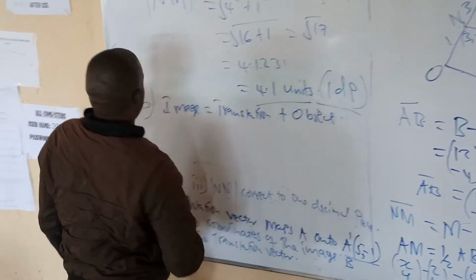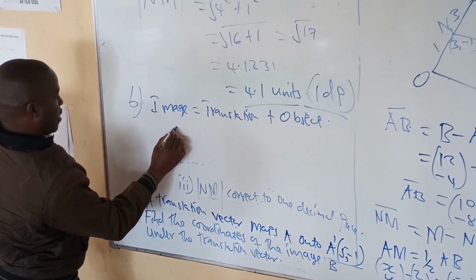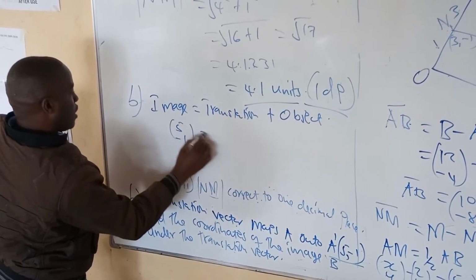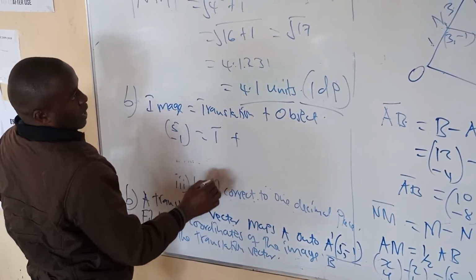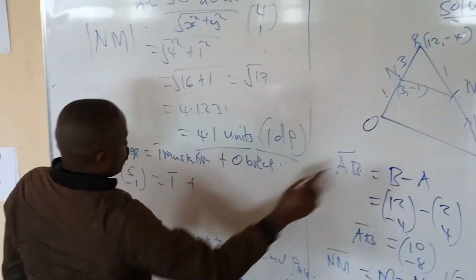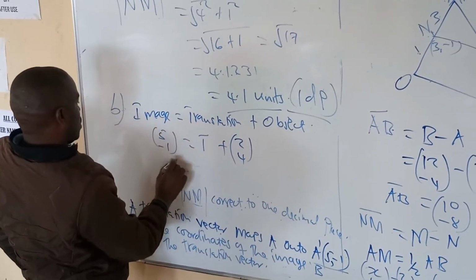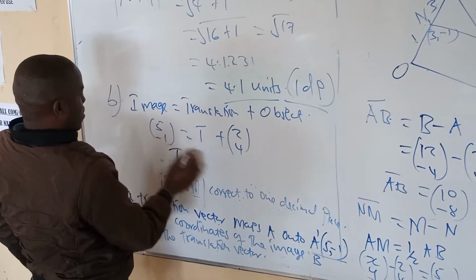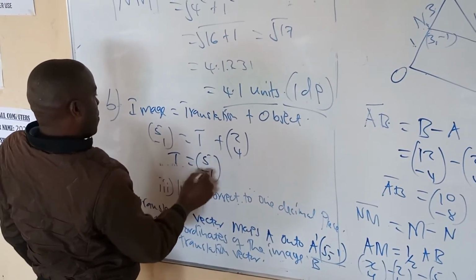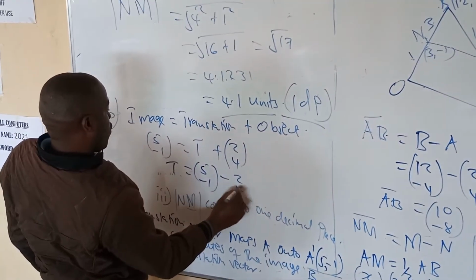Now, after understanding that, our image is (5, -1), equals a translation plus the object A. We said A was (2, 4). So from there we can say translation equals image minus object, and the image is (5, -1), minus (2, 4).